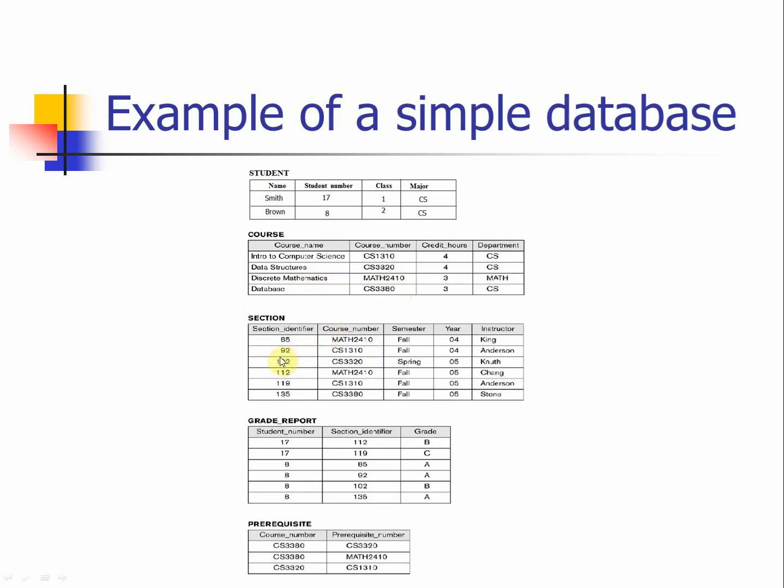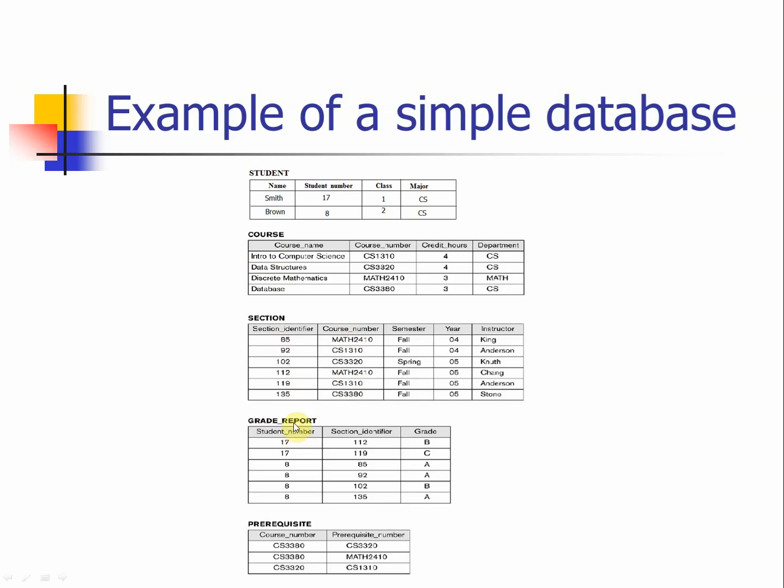You also have other section identifiers; basically, these are like your CRN numbers. Math 2410 has two sections: one section identifier is 85, the other is 112. So you see the association between these two tables.